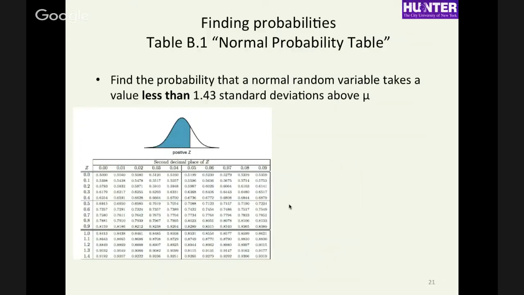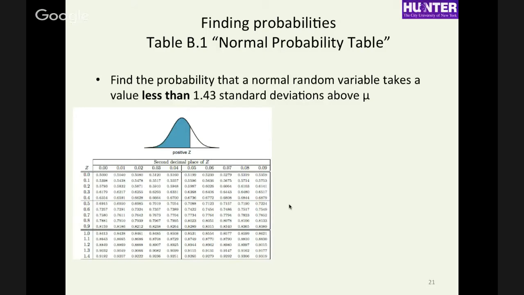All right, so this is a screenshot from table B.1 of the OpenIntro Stat textbook. Now let's use this table to find the probability that a normal random variable takes a value less than 1.43 standard deviations above the mean. So a z-score of 1.43 or less. So putting this in the context of women's heights, what would this mean? What probability would you be calculating here?